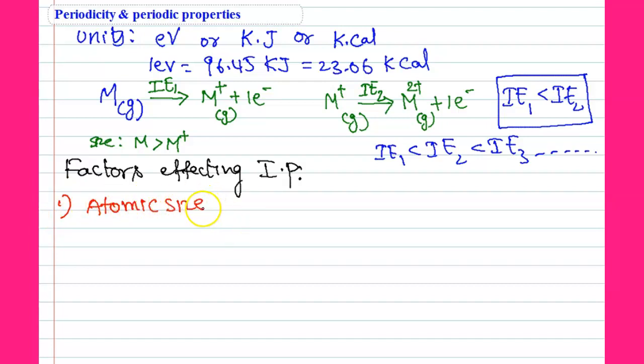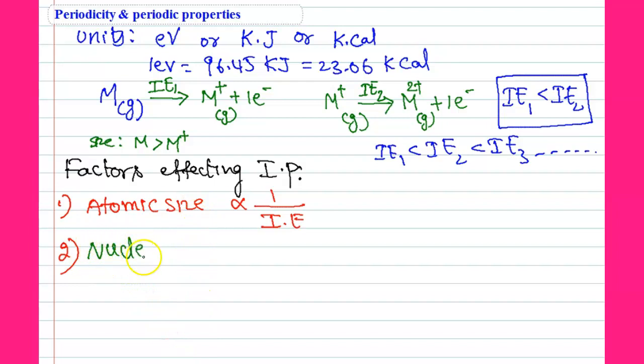When atomic size increases, the distance between the nucleus and the valence electron is larger, so removal of the electron is very easy. That means low ionization potential. So as atomic size increases, ionization energy decreases.